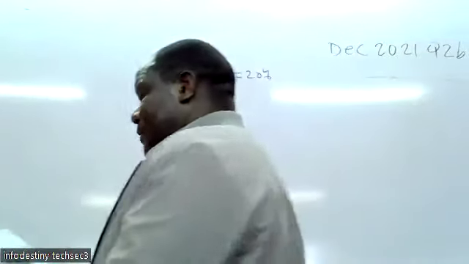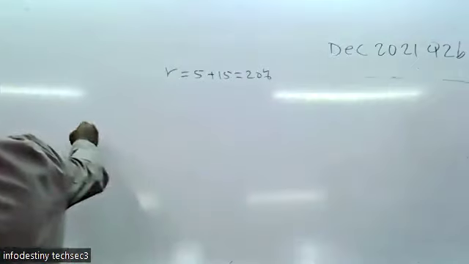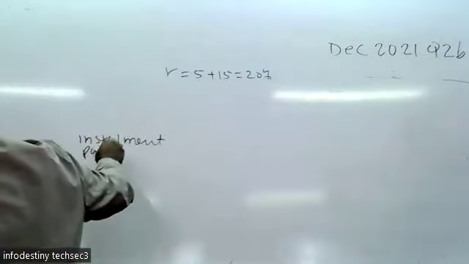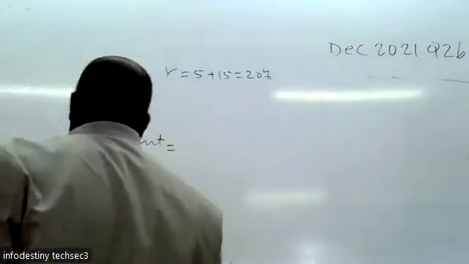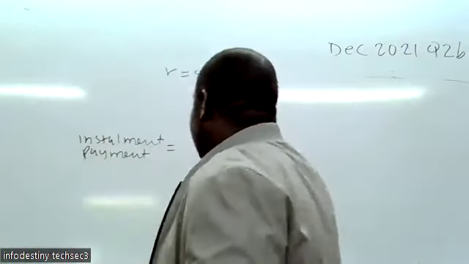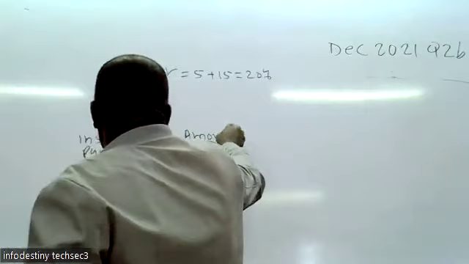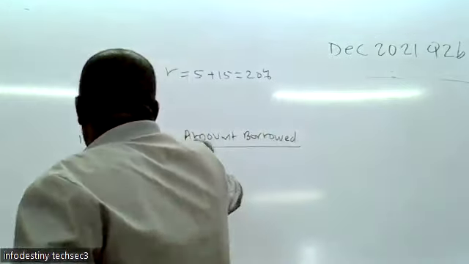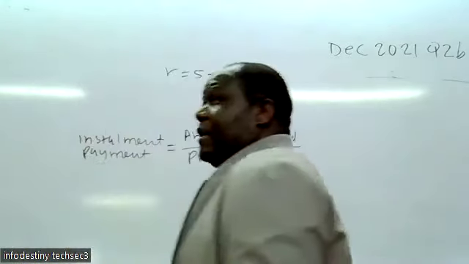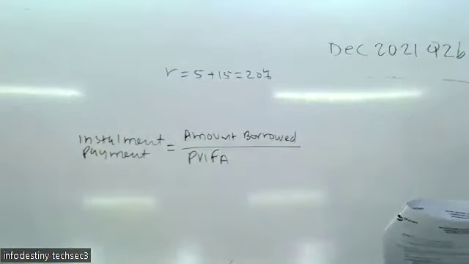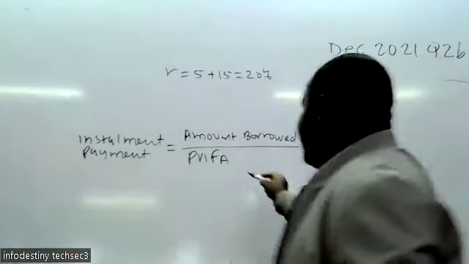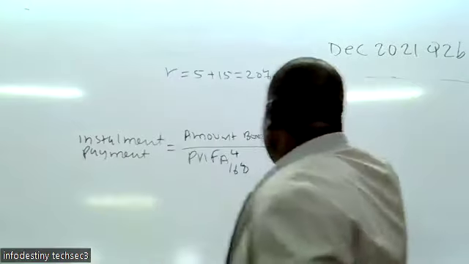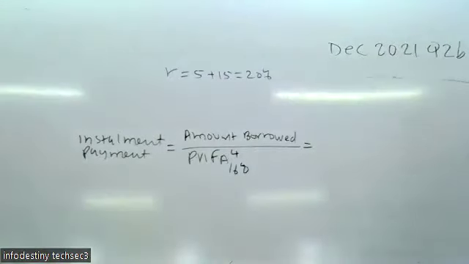So the installment payment is supposed to be given by the amount borrowed, divided by the present value interest factor for the annuity. Here we have been given an interest rate of 16% for how many years? 4 periods. How much did we borrow?